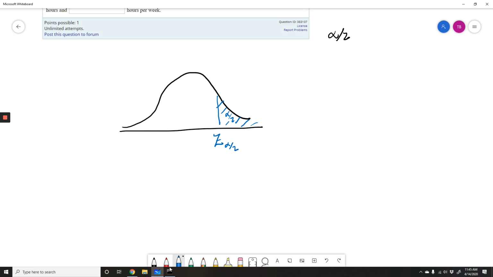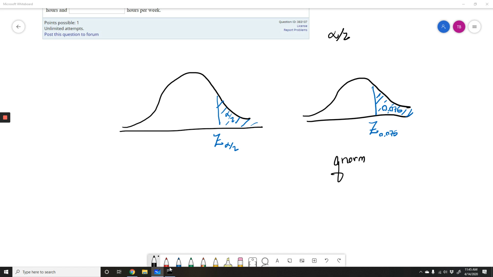In our case, alpha over 2 is 0.075, so we want to find z sub 0.075, which means I want the z-score with area 0.075 to the right. We're given the probability and want to find the z, so that means we're going to use a qnorm function.